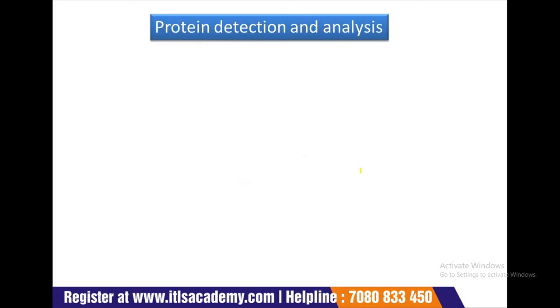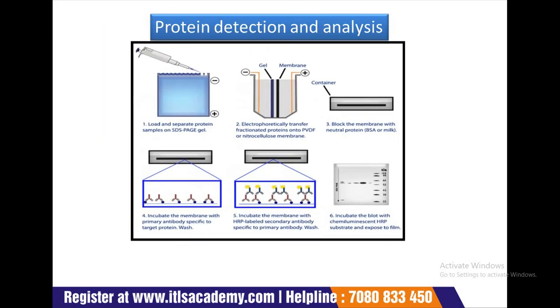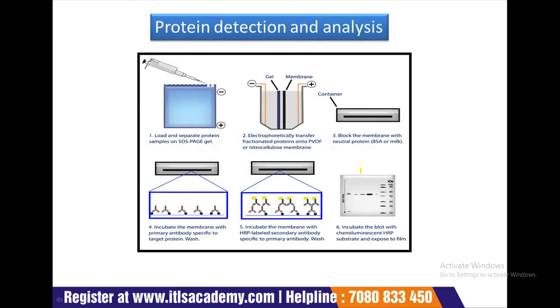So the next stage is protein detection and analysis. A substrate reacts with the enzyme that is bound to the secondary antibody to generate a colored substrate. So it enables us to know the densitometry and location of the target protein.